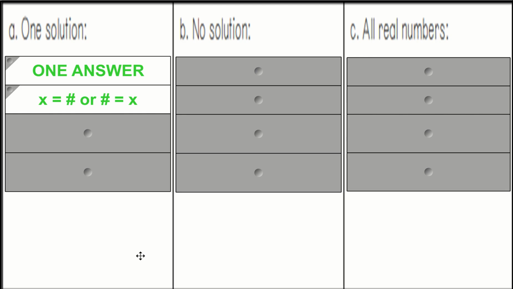It's just x for this. That's the variable. You get x equals a number or a number equals x. So if you keep solving it, you're going to get x equals something or something equals x.